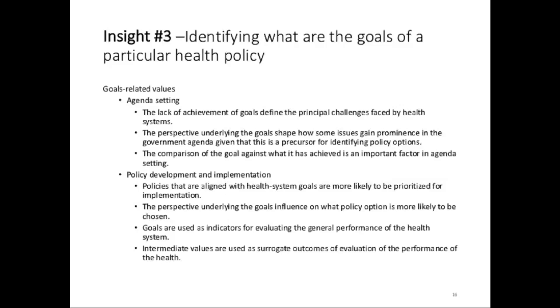We propose that there are intermediate values in this category of goals-related values that are used as surrogate outcomes for evaluating the performance of the health system. For example, the goal of the health system could be universality, but policymakers could use acceptability, affordability, or accessibility as intermediate steps to achieve universality.